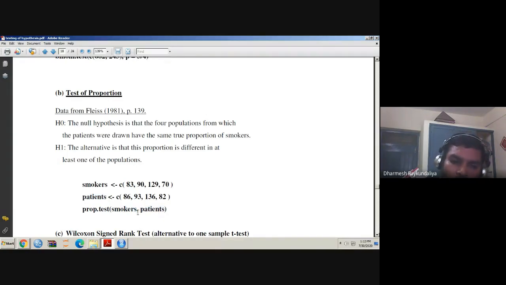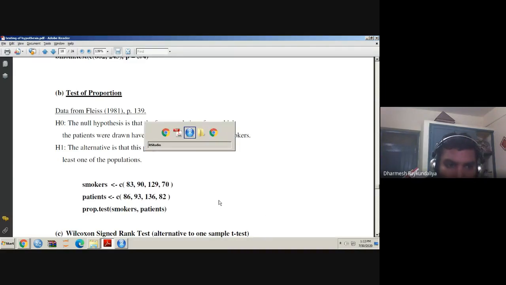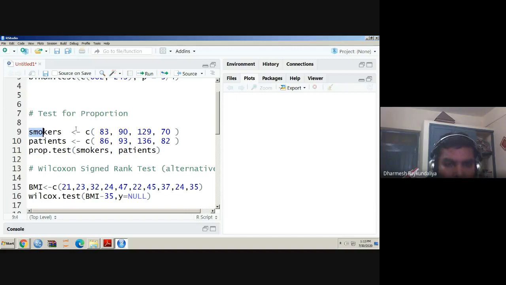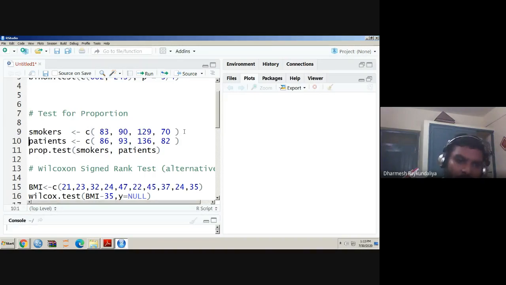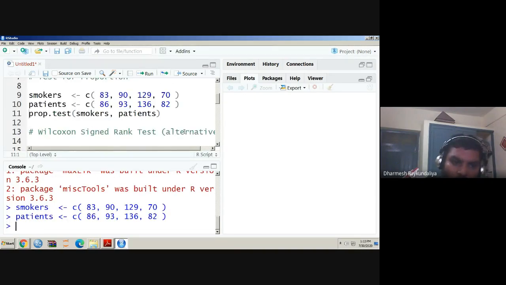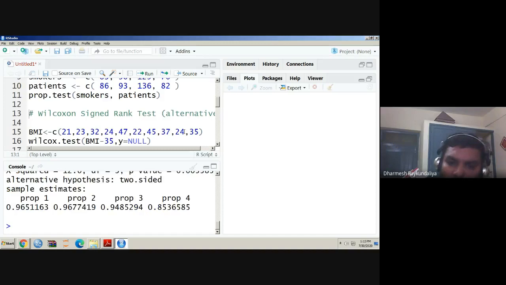That means the outcome is given first, and the population in the second argument. You can manually enter the smokers as c, then supply the information 83 comma and so on, and similarly for patients. And which test do we apply? The proportion test. So it has given the result.